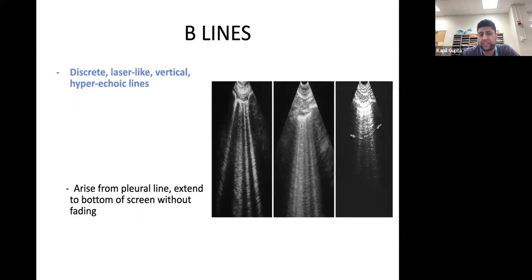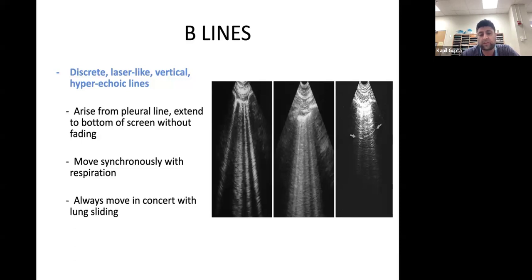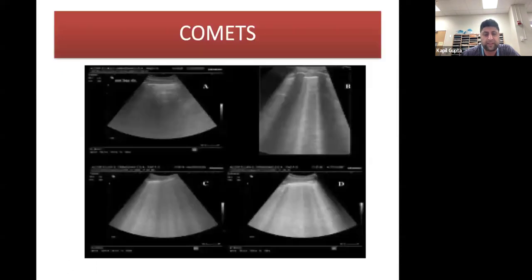They are basically discrete, laser-like, vertical, hyperechoic lines. They arise from the pleura and extend to the bottom of the screen without fading. They move synchronously with respiration, and they always move in concert with lung sliding. So this is a very important, highly sensitive and specific finding.